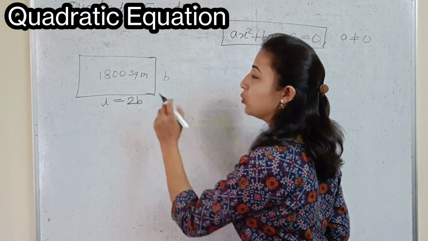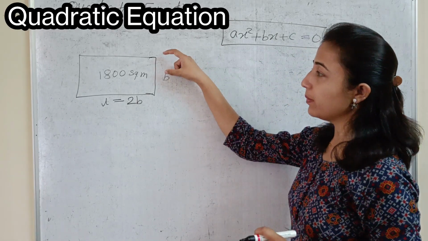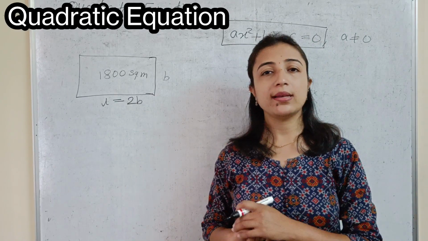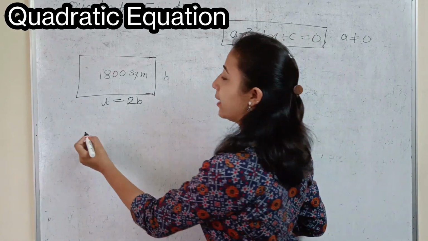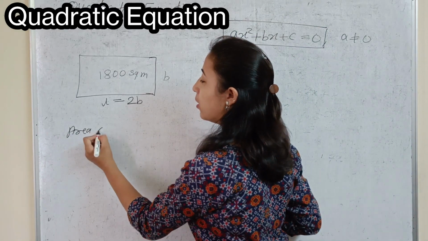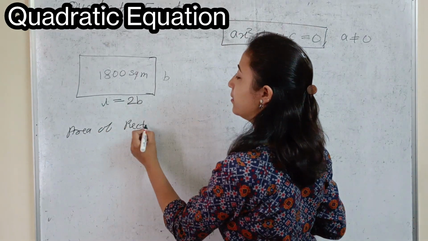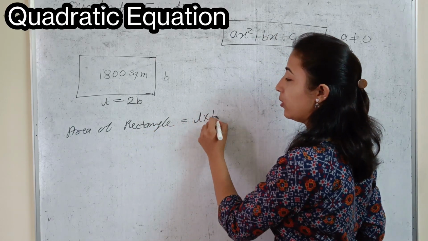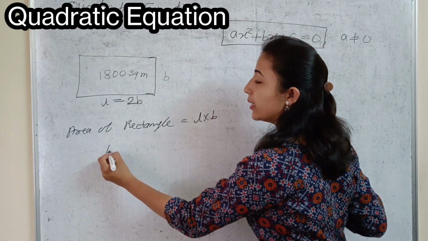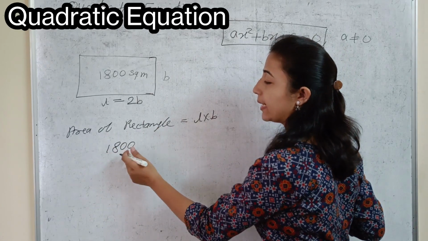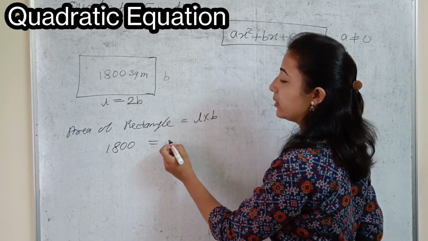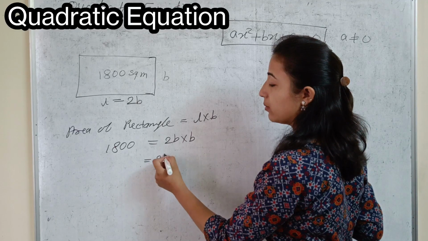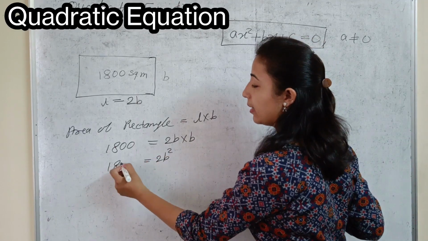That means it is 2b. So if the width of the rectangle is b and the length is 2b, what is the formula for the area of a rectangle? The area of a rectangle is L into B. Now put in the value of the area: 1800 square meters, and length is 2B into B. Now 2B into B is nothing but B square, and it is 1800.